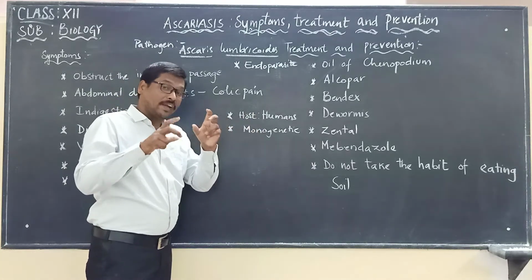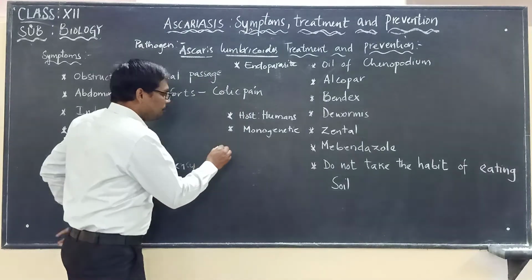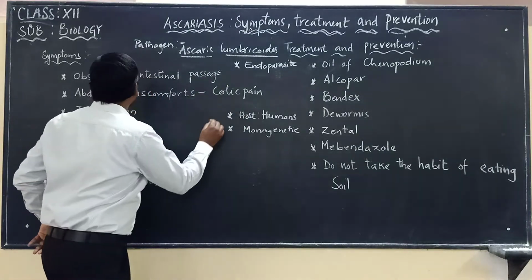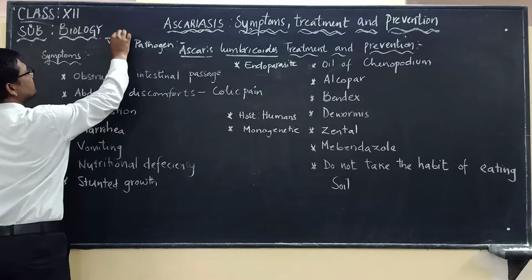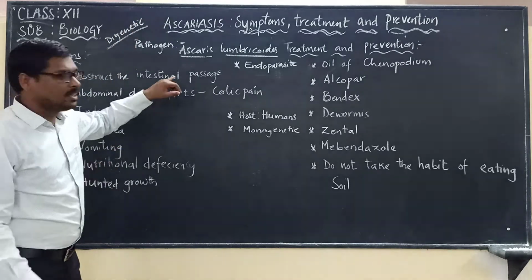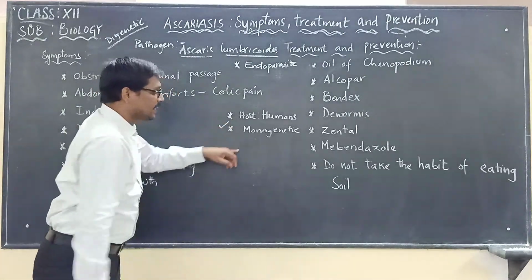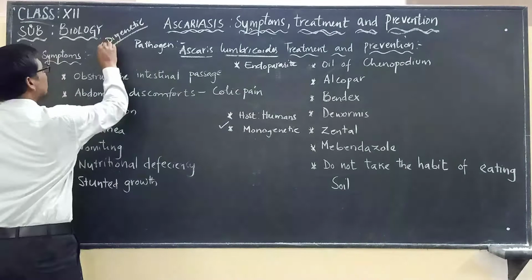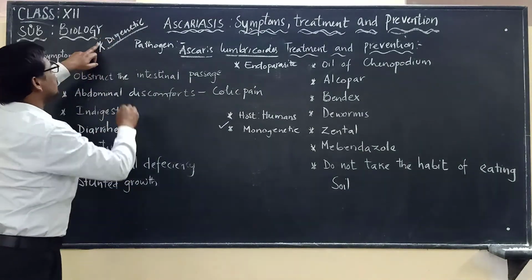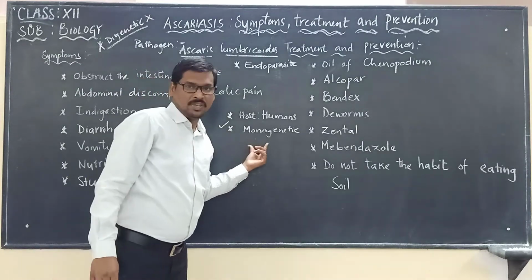If a pathogen uses two hosts to complete its life cycle, we use another word called digenetic. But here we have to remember that Ascaris lumbricoides is monogenetic, not digenetic.